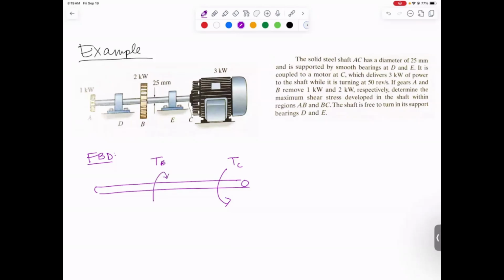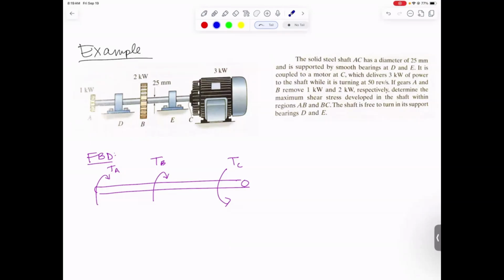So there's TB and there's TA. So if you drew the input this way, your outputs need to both go the other way. We'll need to solve for TA, TB, and TC in just a second. And we know that if you sum torques now, TA plus TB minus TC has to sum to 0. And they will, because our output and input torques were already balanced.